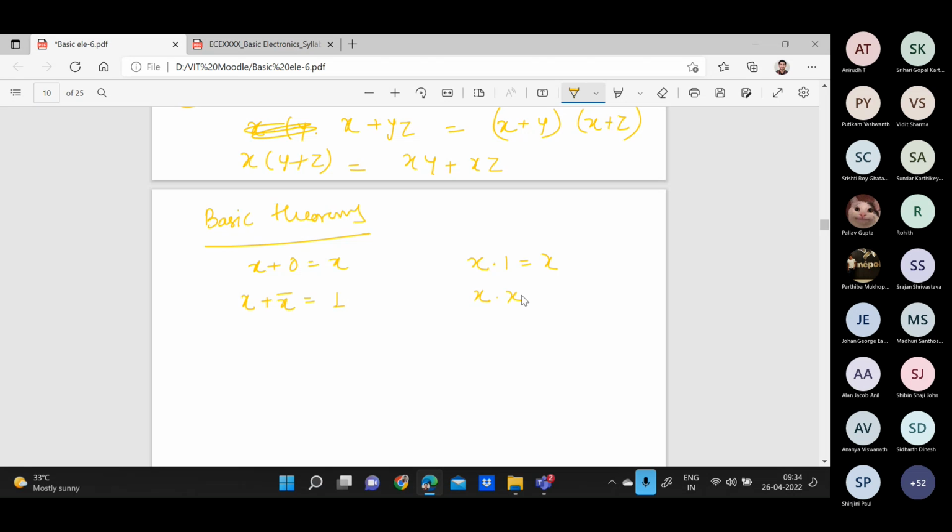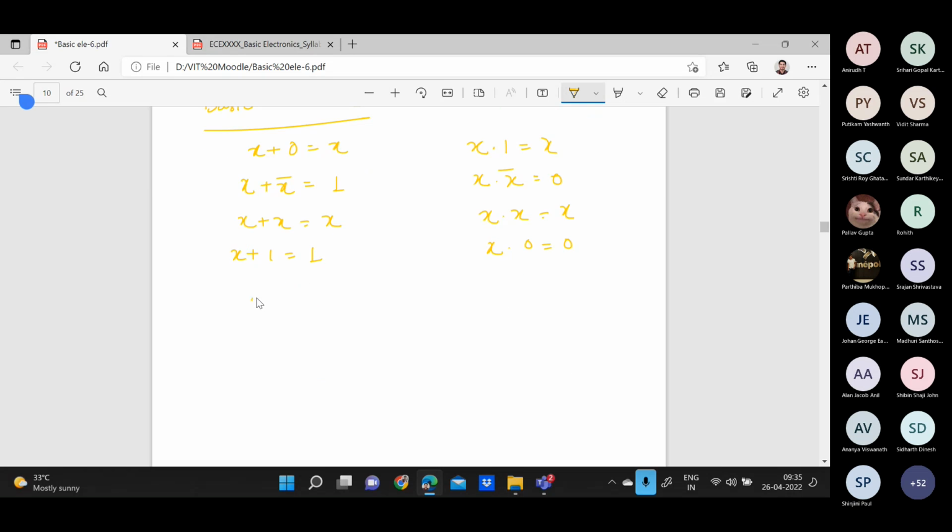X dot X bar is equal to 0. X plus X is equal to X. X dot X is equal to X. X plus 1 is equal to 1. X dot 0 is equal to 0. Okay. If you take the complement twice, it will give you X only.